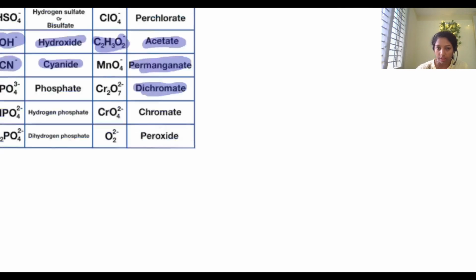Suppose nitrogen is there. Nitrogen forming a compound with oxygen will form NO2 minus as well as NO3 minus. So two compounds are available with nitrogen.